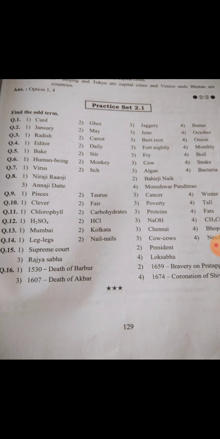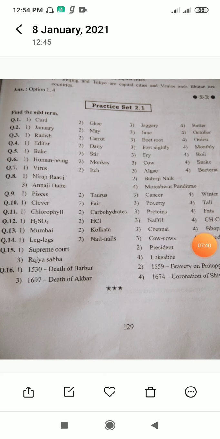Then radish, carrot, beetroot and onion. Radish, carrot and beetroot are roots of vegetables, but the onion is the fruit of that vegetable, and that's why the onion is the different word.